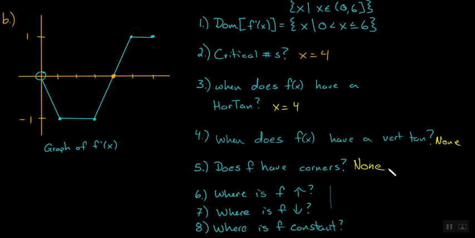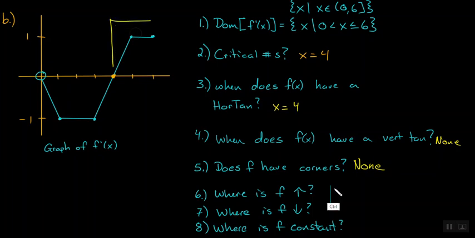However, I'm not asking about f prime, I'm asking about f. A function f is increasing if what's true about its derivative? It's positive. Are there portions here where my derivative is positive? Not the slope of my derivative, just the derivative. From 4 to 6, all these values, my derivative is positive.